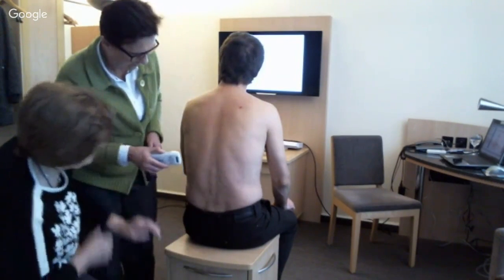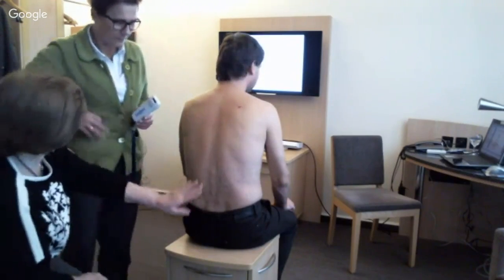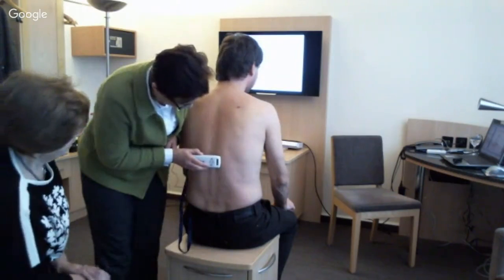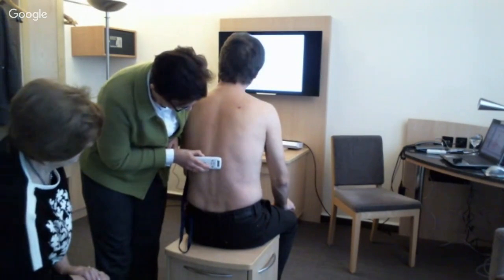Now we stimulate for the third time. The same marked zone.